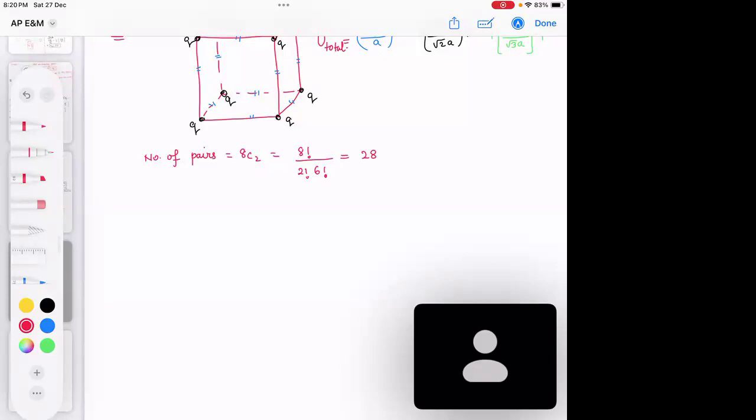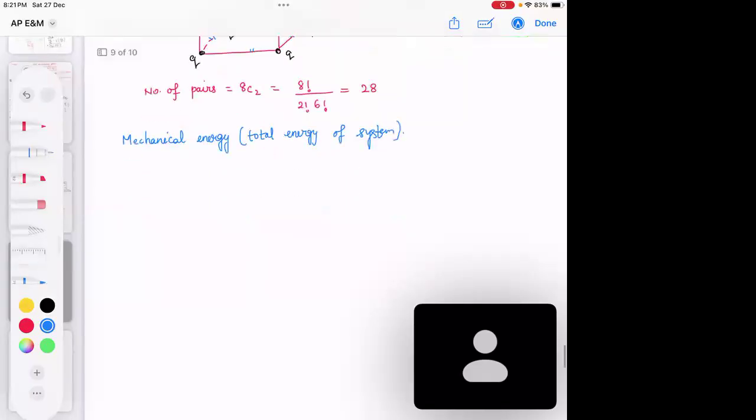Tell me, what is the condition needed for mechanical energy conservation? Mechanical energy is also called the total energy of a system.